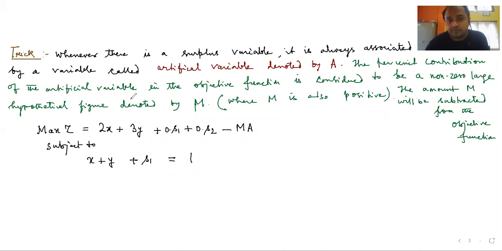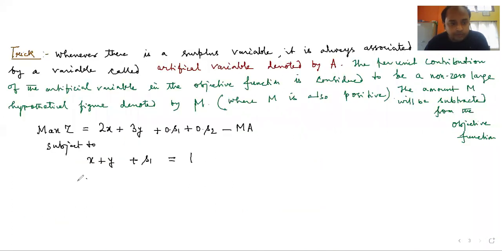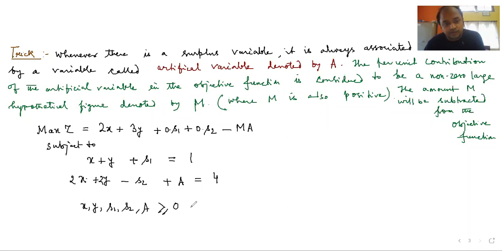When there is a surplus variable, the artificial variable will appear, because the problem was actually created by the surplus variable and not the slack variable. So we are writing it as 2x plus 2y minus S2 plus A equal to 4. And then we write x, y, S1, S2, A greater than or equal to 0. So this is my required standard form of LPP.